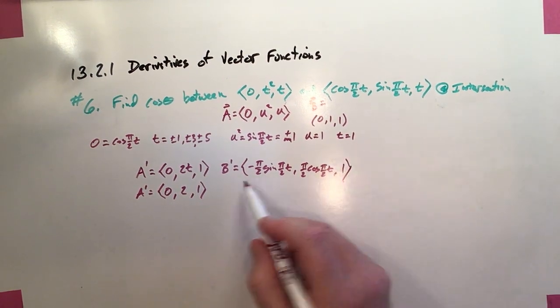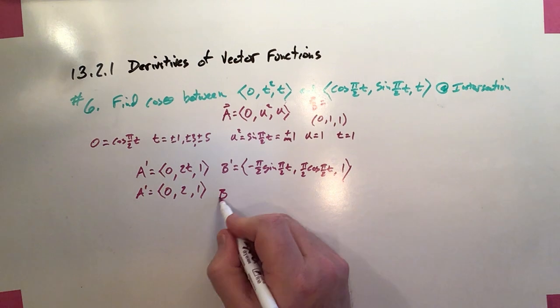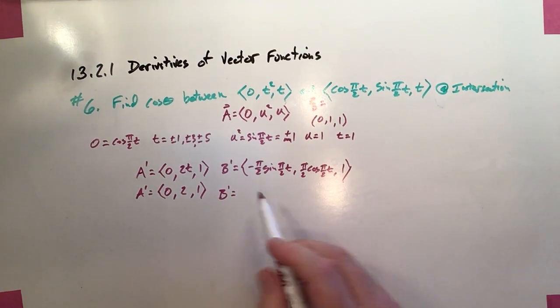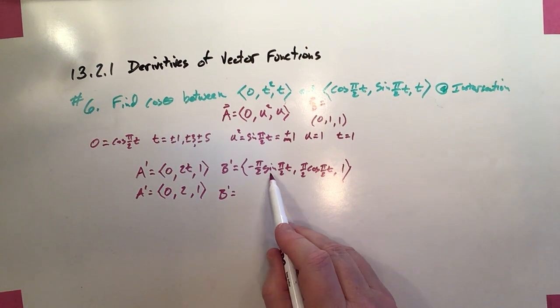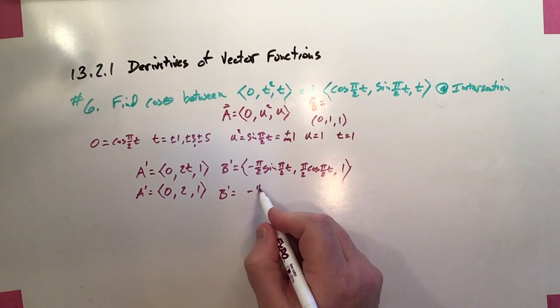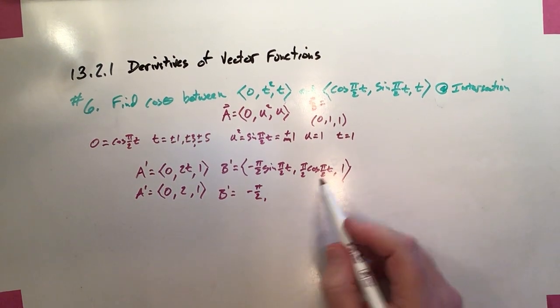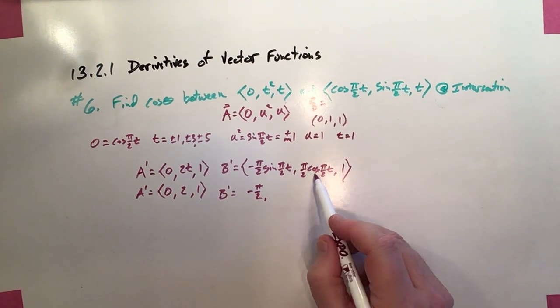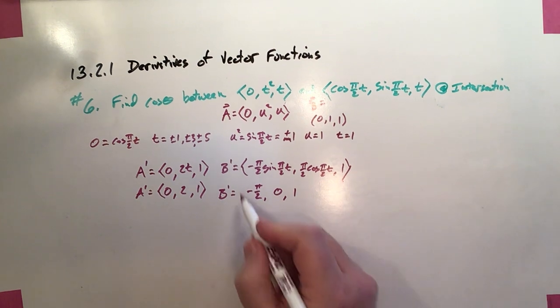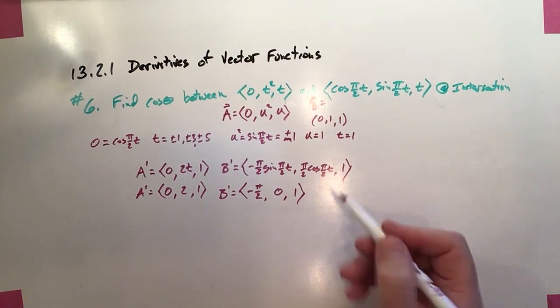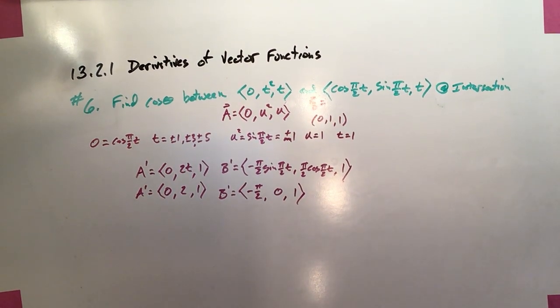Once again, t equals 1, so let's plug in t equals 1, and b prime at t equals 1 is going to be, sine of pi over 2 is 1, that's negative pi over 2. Cosine of pi over 2 is 0. And the third component is just 1. So there's the b vector's derivative at the point of intersection.